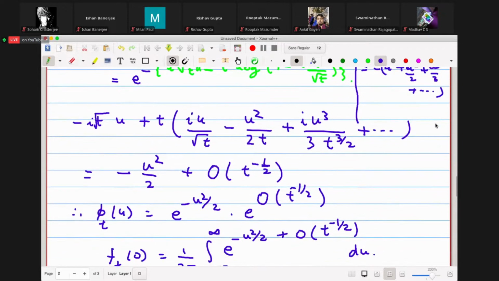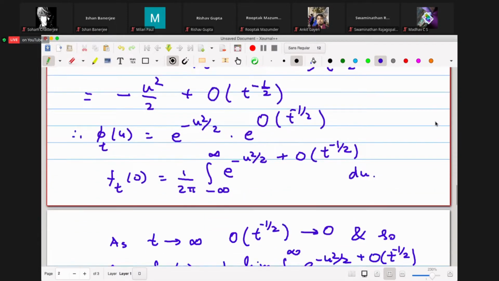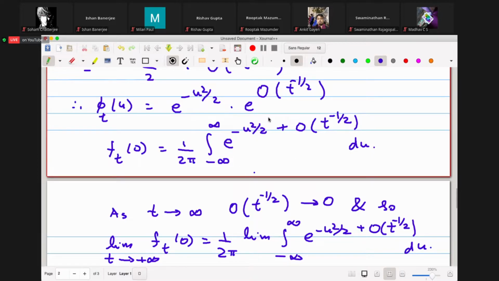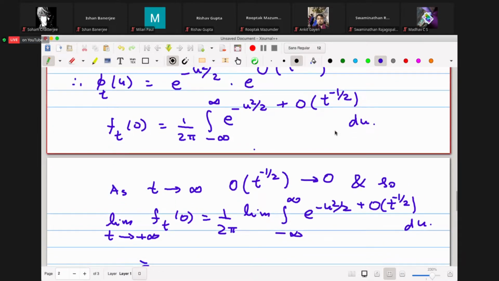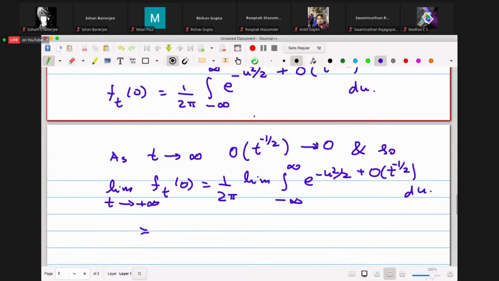What we want here is that if I look at this quantity, and particularly this part, the exponent goes to 0, no? As t goes to infinity. So I want to say that this factor here is dominated by e power minus u square by 2. That will do for me.